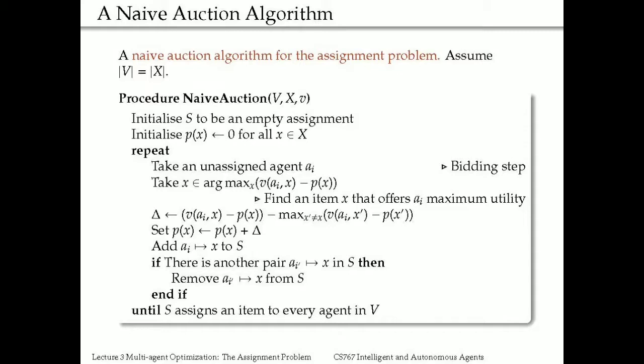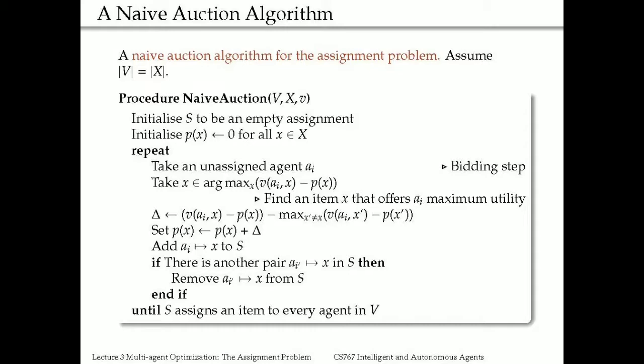To do that, he looks at the value V minus P, the current utility from every item, and takes the maximum among all of the items. So this X will be the item which gives agent i the maximum utility, and he will need to make a bid on this item.